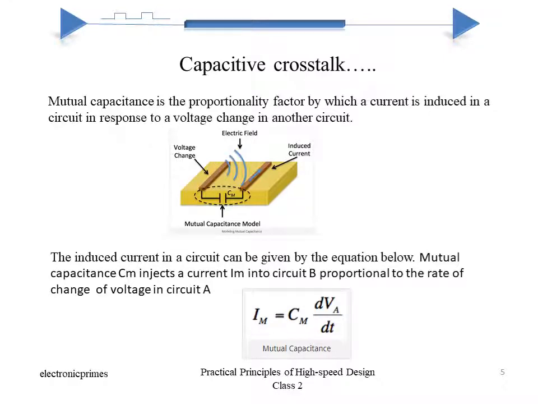Capacitive crosstalk continues. When you have a mutual capacitance, that is the proportionality factor by which a current is induced in a circuit in response to a voltage change in another circuit.